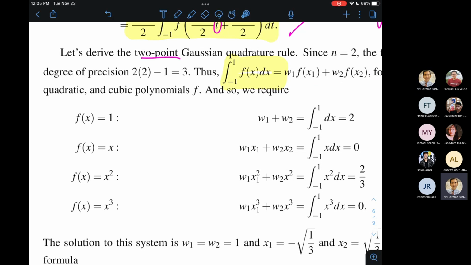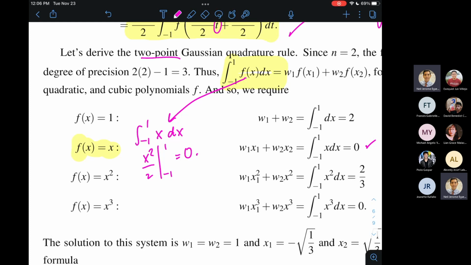Okay? Now, the second thing to do is to plug in f of x equals x. All right? So, punta ka uli dun sa integral, -1 to 1 ng x dx. So, this will give us x squared over 2, evaluated from -1 to 1. That will give us 0. And actually, this will be true for all odd-powered integrands. Kapag meron kang x to the k where k is odd, laging nagzi-zero lamang yung integral.